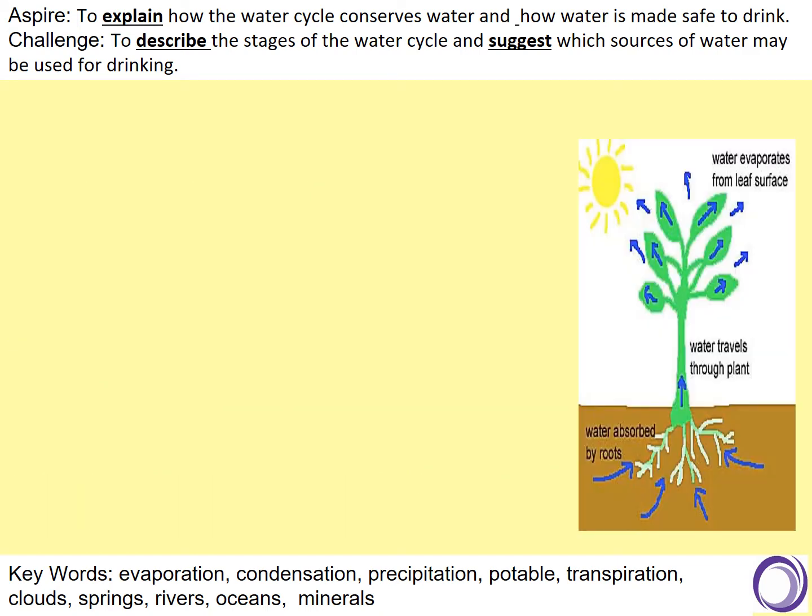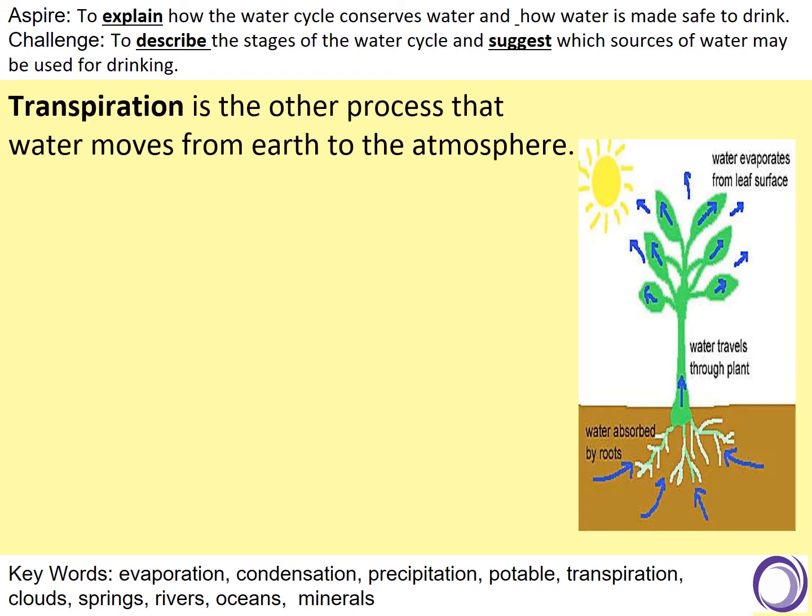Now another area, and this is touching a little bit on GCSE, is transpiration. It's another way in which water can move from the earth up into the atmosphere. And you can see by the picture there on your screen that water is absorbed by the roots of plants, and that water will travel up through the stem and into the leaves of plants where it's used for photosynthesis.